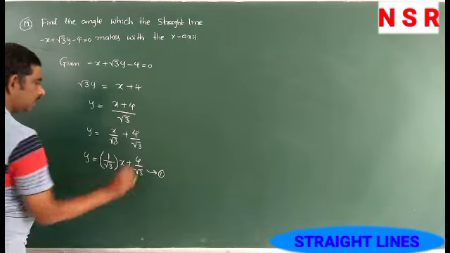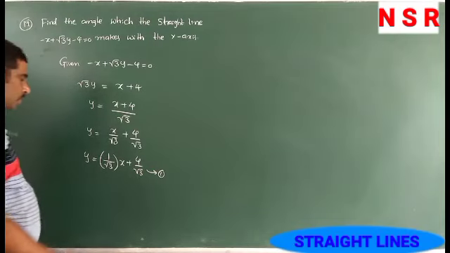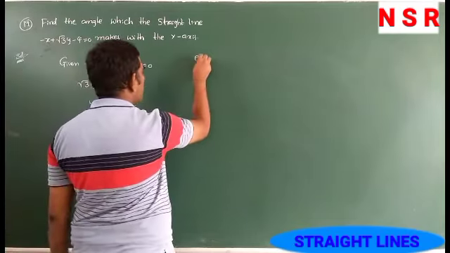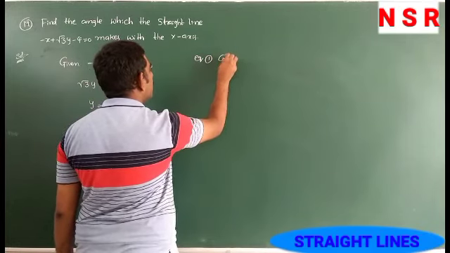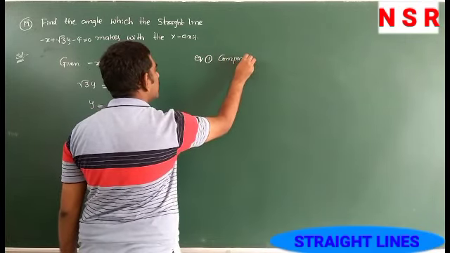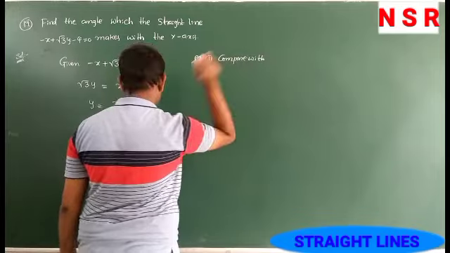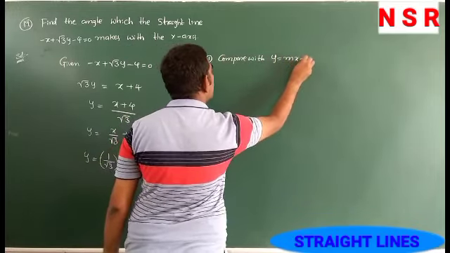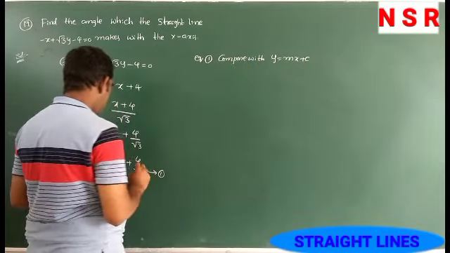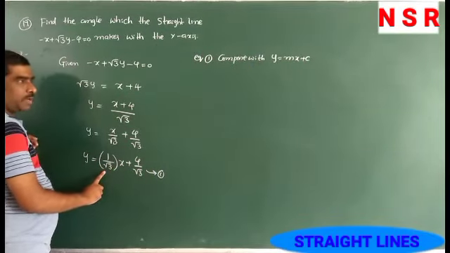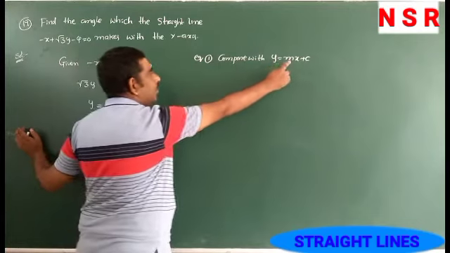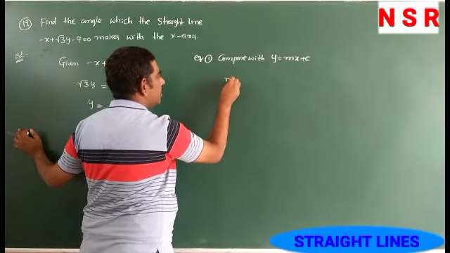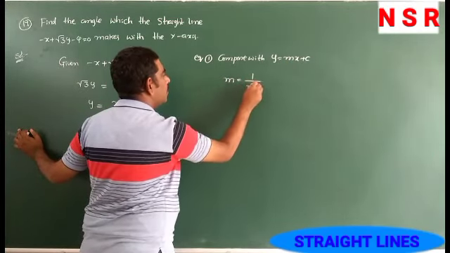Take it as equation number 1. Compare equation 1 with y equal to mx plus c. Here the x coefficient is 1 by root 3, so m equal to 1 by root 3.